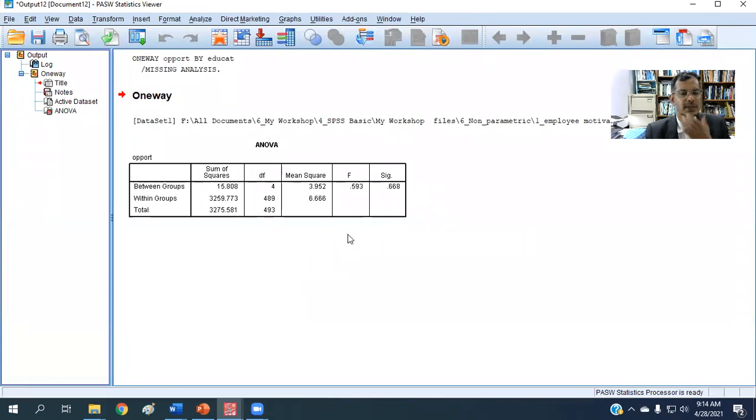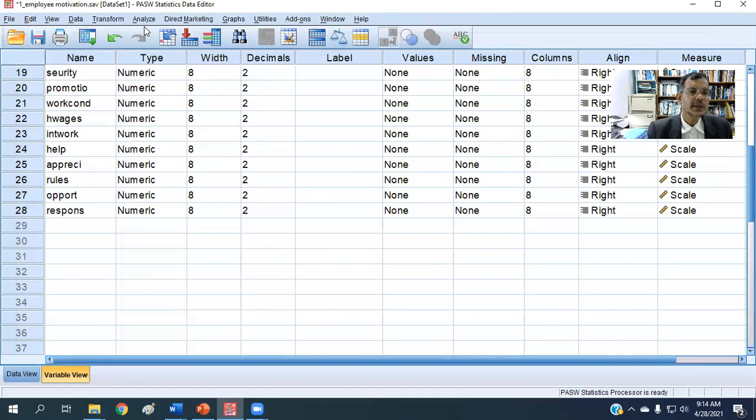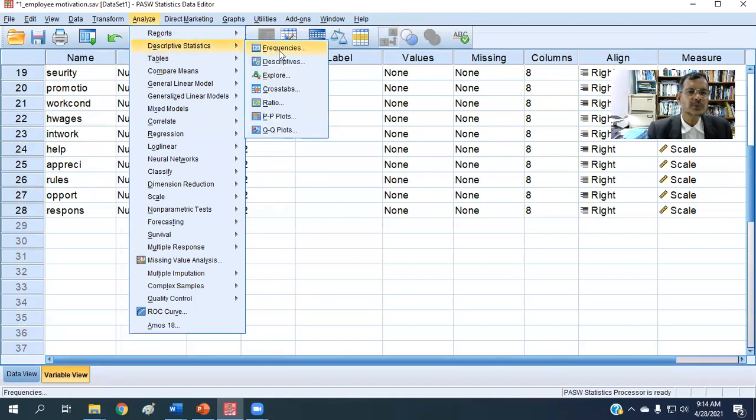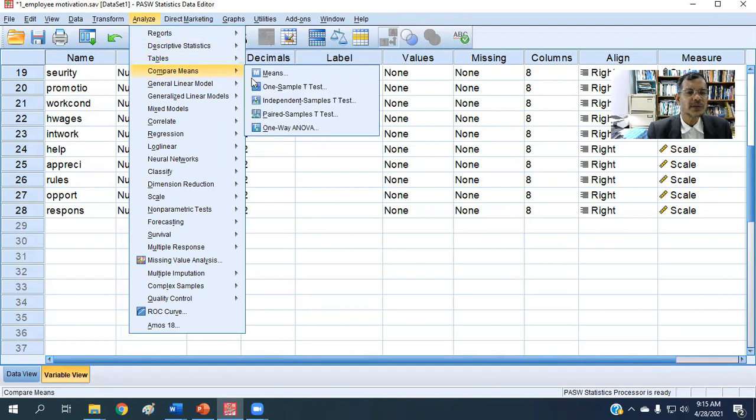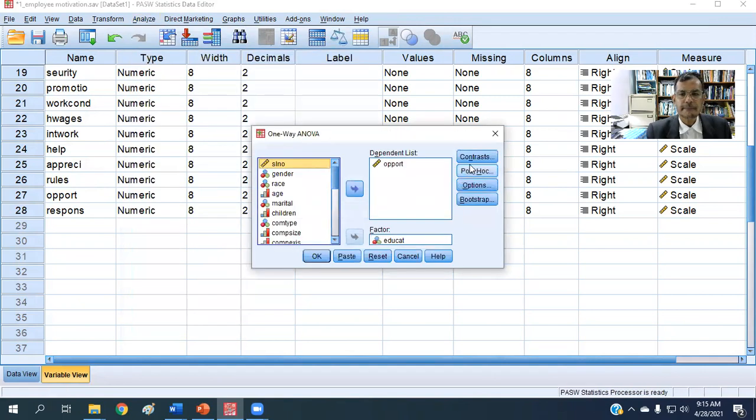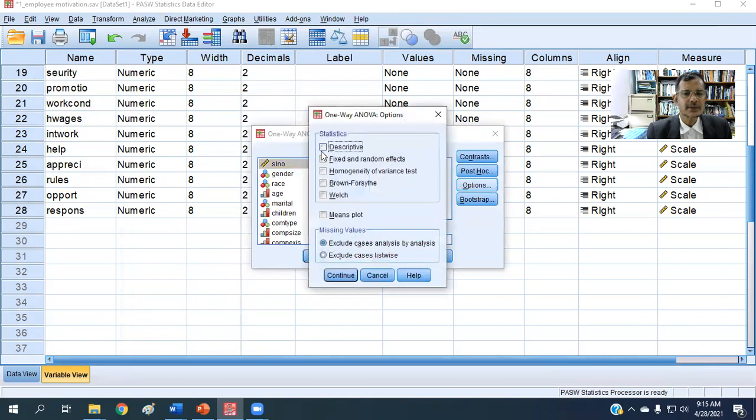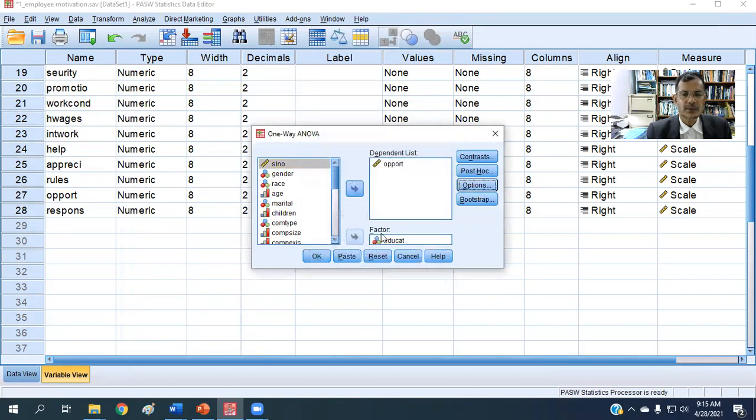And we see that the test is not significant. We can also extract some more outputs: One-way analysis of variance, maybe Options, Descriptive, Continue.